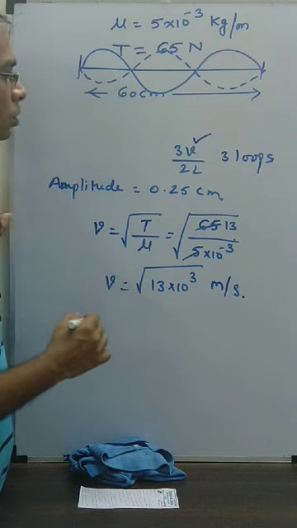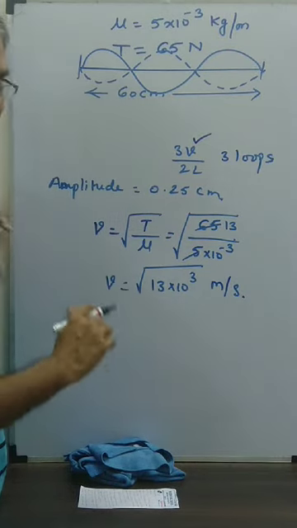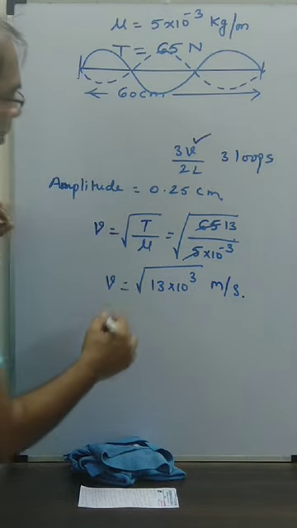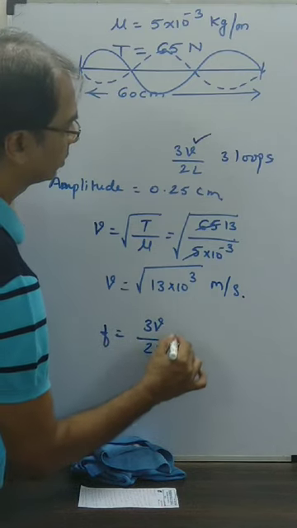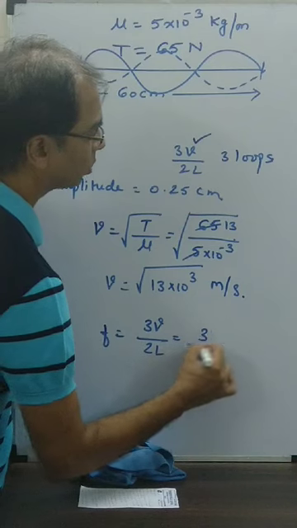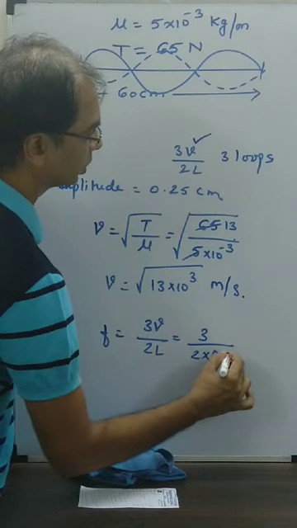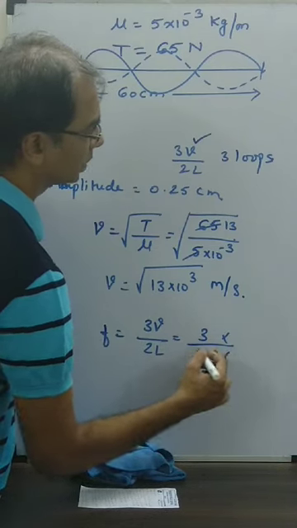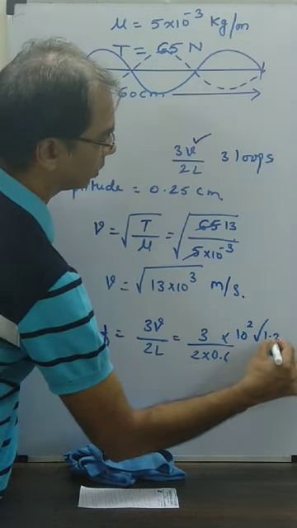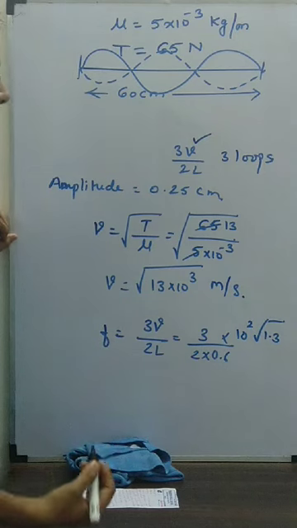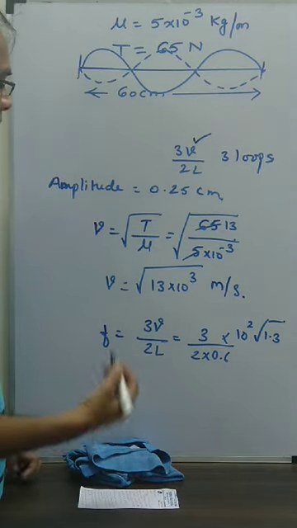Obviously we can get frequency also. Frequency is 3v by 2L. So 3 by 2L, 2L is 0.6, into v, which you can write as 10 to the power 2 root over 1.3. Okay, this is our frequency.